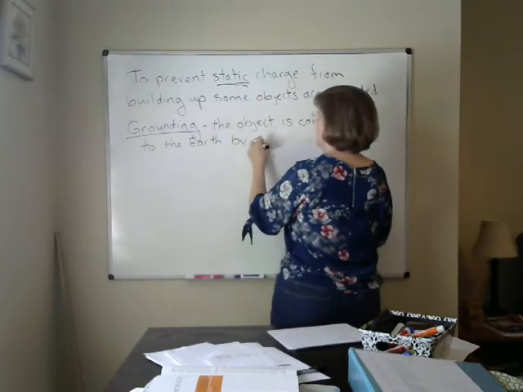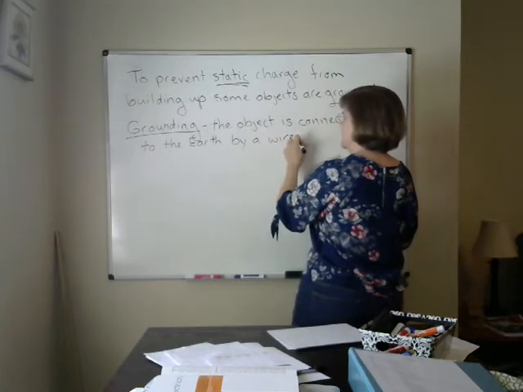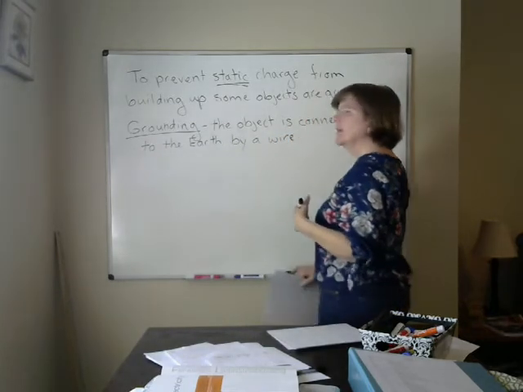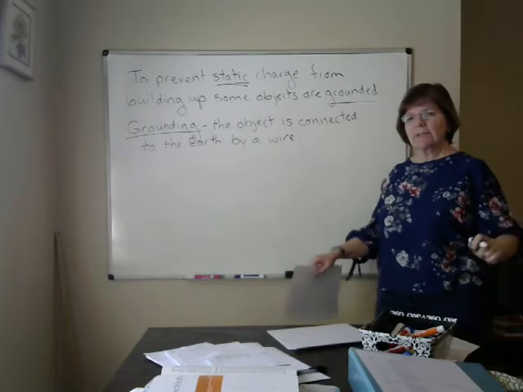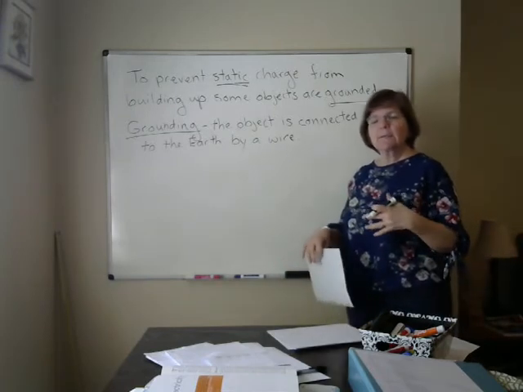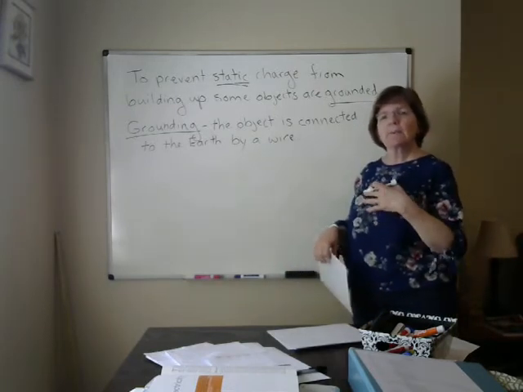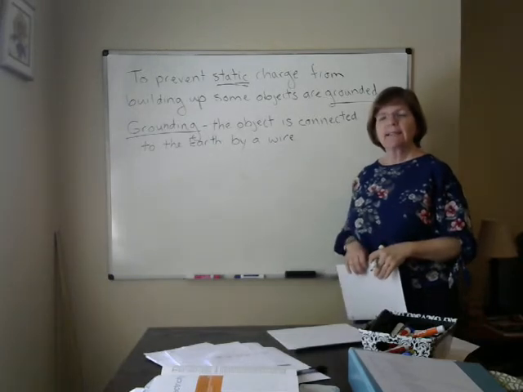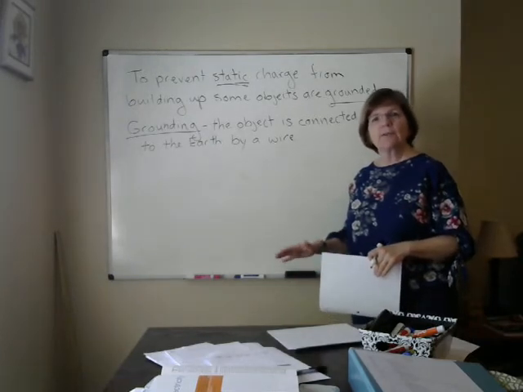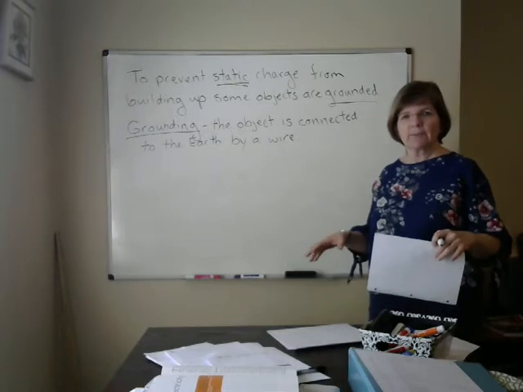by a wire. It's possible some things can be connected to something else that's also very large, but the earth is a massive conductor. It can gain millions and millions of electrons, or it can donate millions and millions of electrons, and still for practical purposes remain neutral. It's just too big to build up a charge.